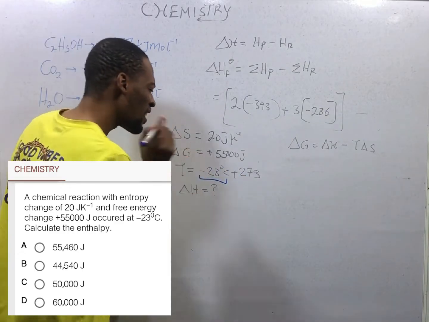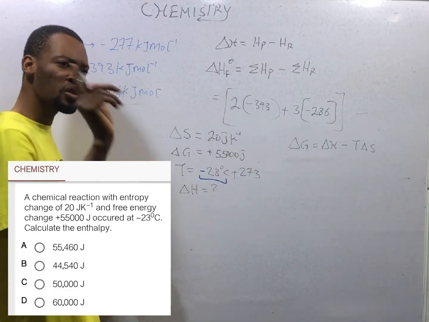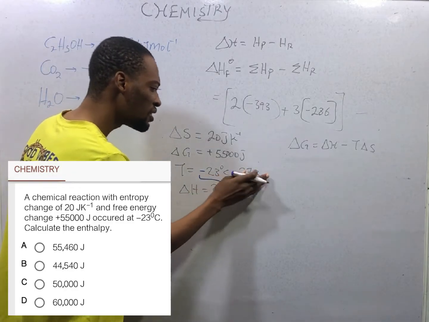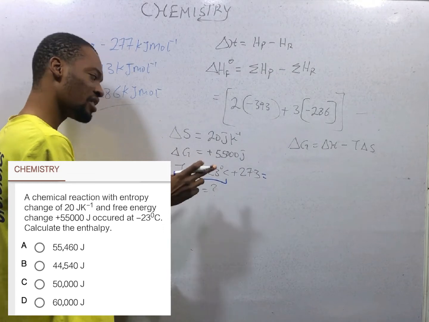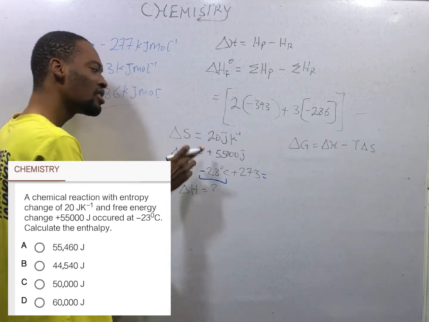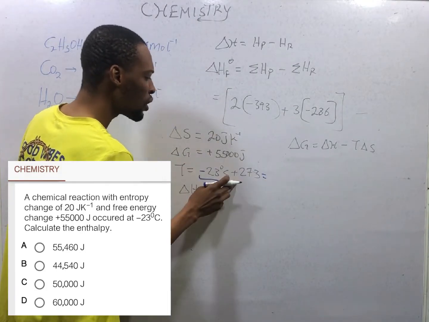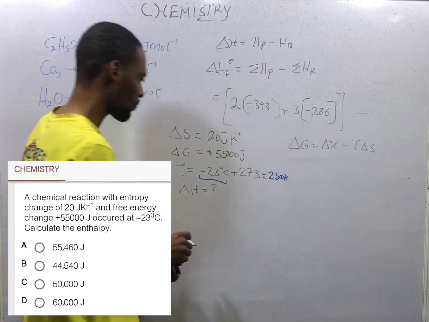Take note, the temperature is minus 23 degrees Celsius, not 23. And to convert to Kelvin, you add 273. So you are therefore having minus 23 plus 273, not 23 plus 273. So minus 23 plus 273 should give you 250 Kelvin.